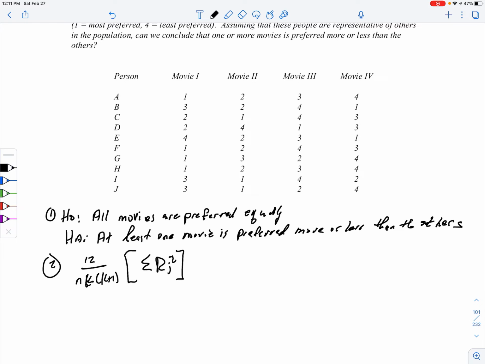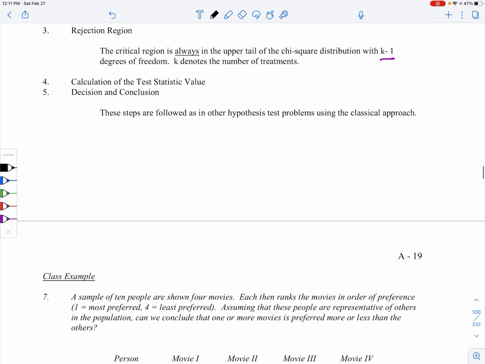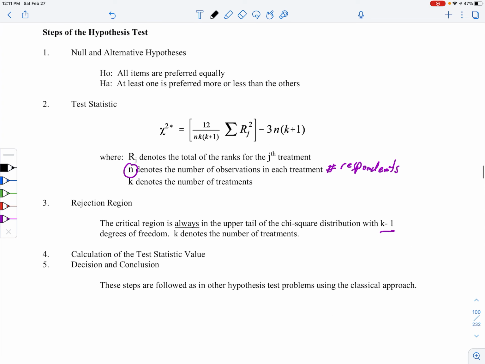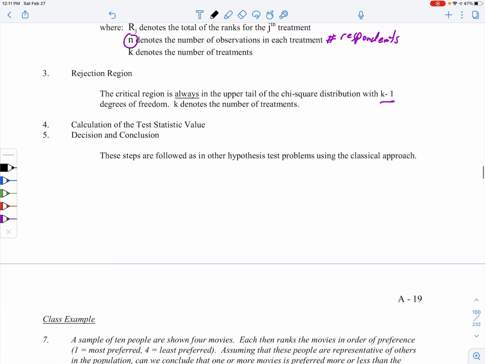Now you don't have to divide through by an nj because they all have the same n in this particular case. Minus 3 times n times k plus 1. Let me just check that formula again. It's not one that I do a lot by hand. And that looks good. Okay.